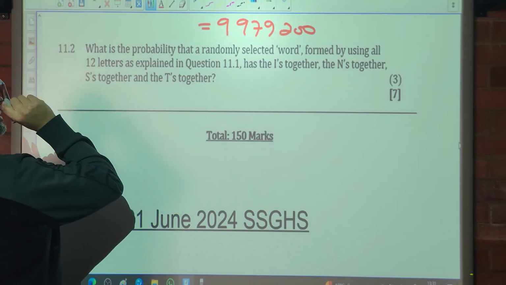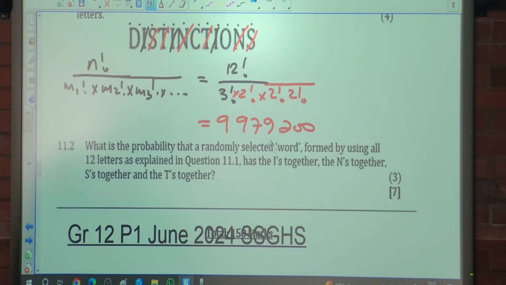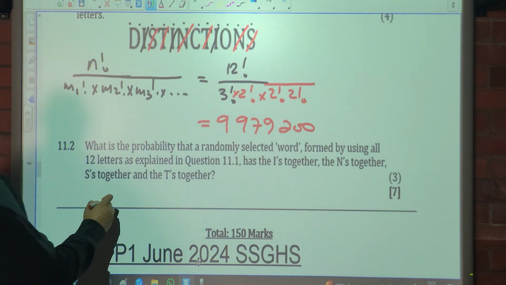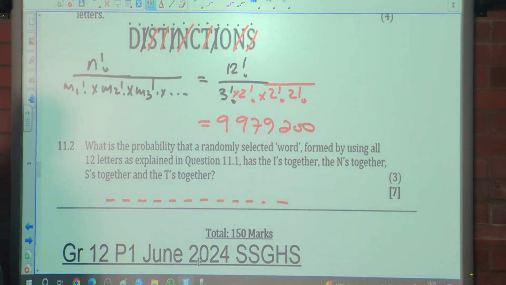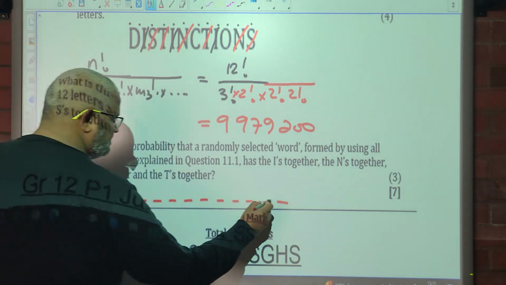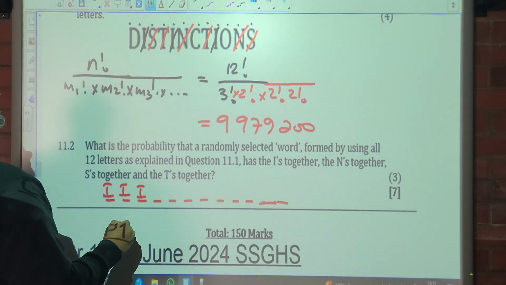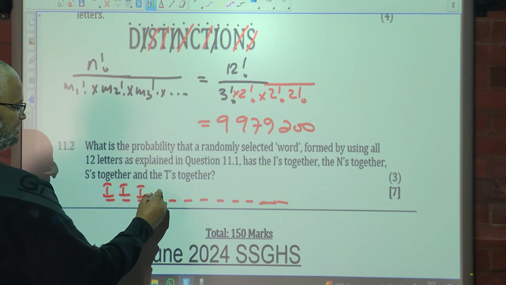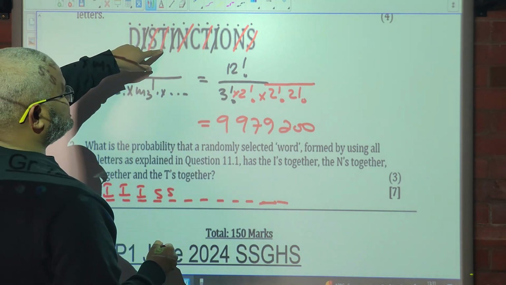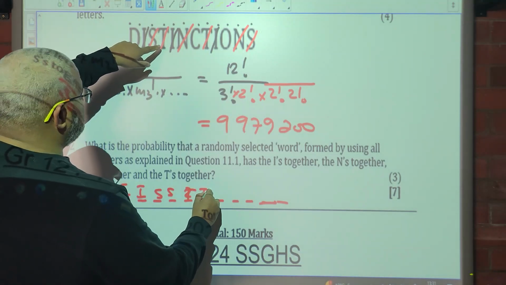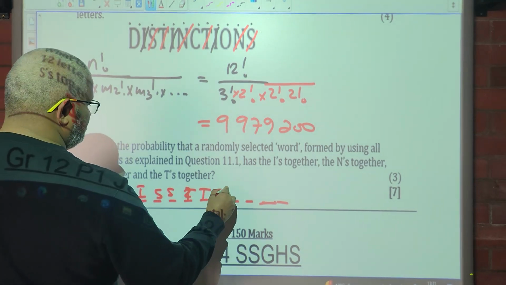So, if you're going to consider all the repeated letters to be together, okay? So in other words, how many letters are there? 12. Alright. So, if I put all the I's together, and then all the S's together, all the T's, sorry, N's together.